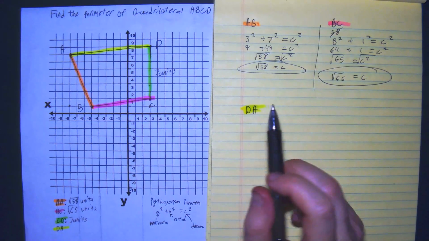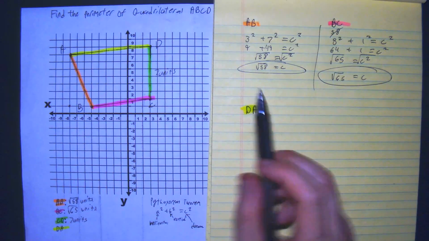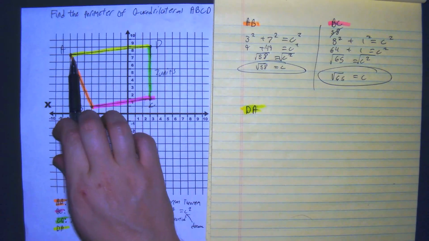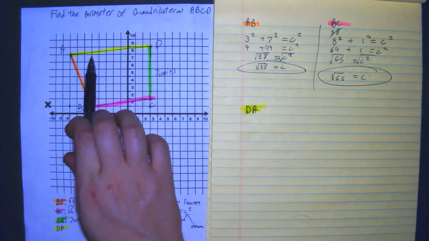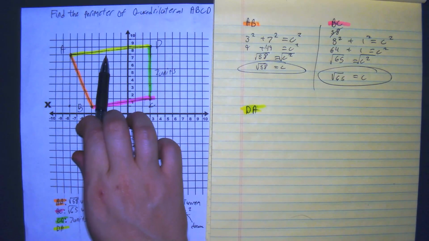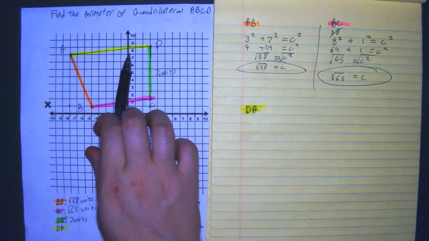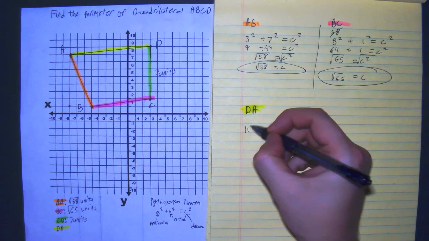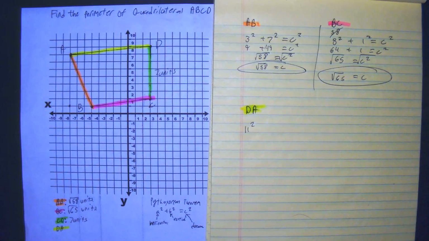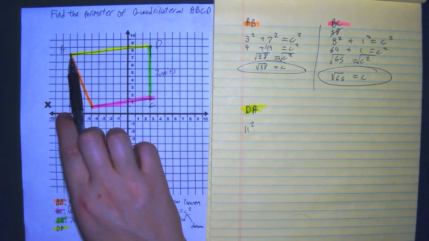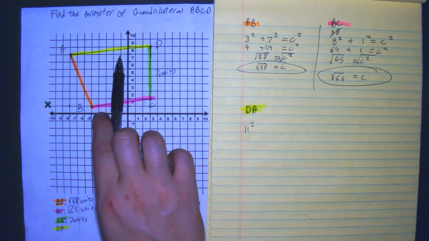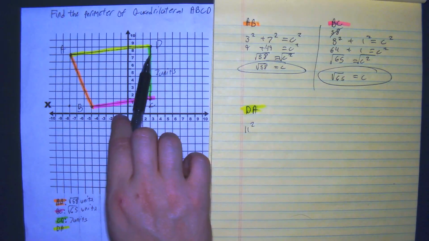So, our horizontal distance will be our first thing. I'm going to start at A here and then count to D. So, 0, 1, 2, 3, 4, 5, 6, 7, 8, 9, 10, 11. So it's going to be 11 squared, 11 horizontal distance. Just triple check it. 0, 1, 2, 3, 4, 5, 6, 7, 8, 9, 10, 11.